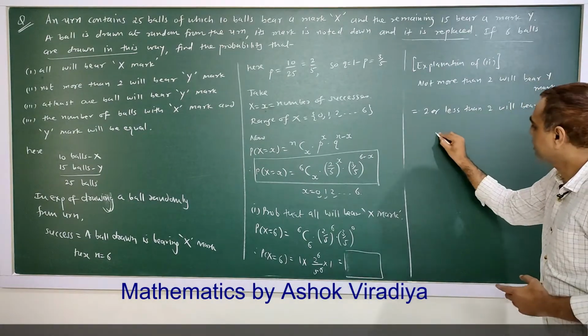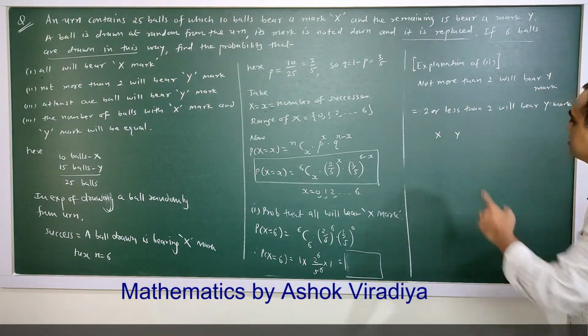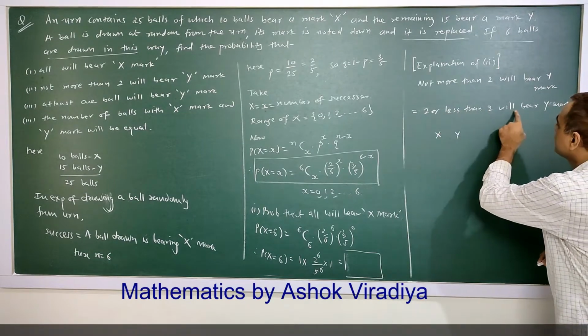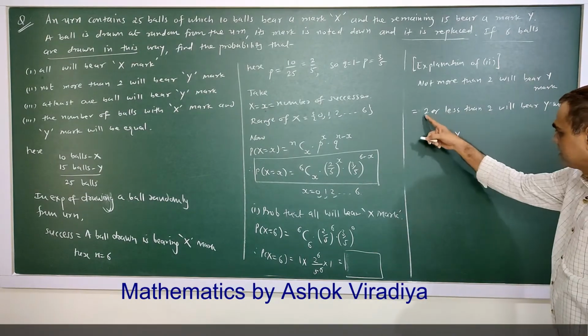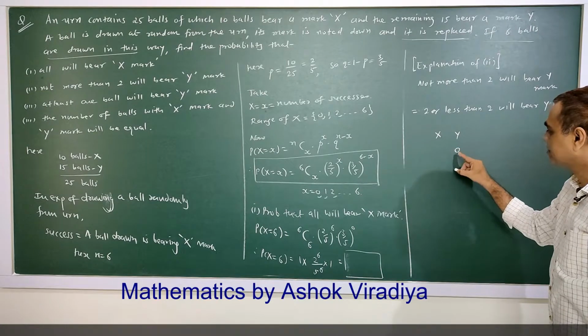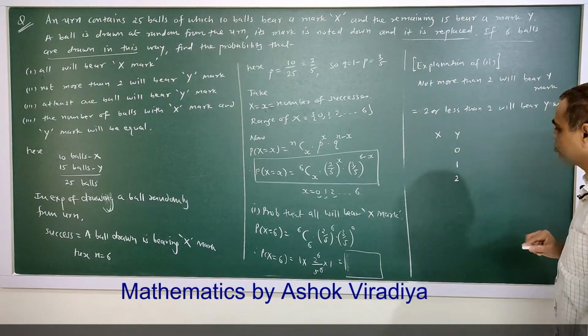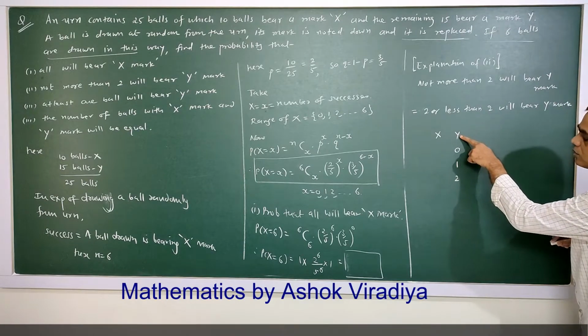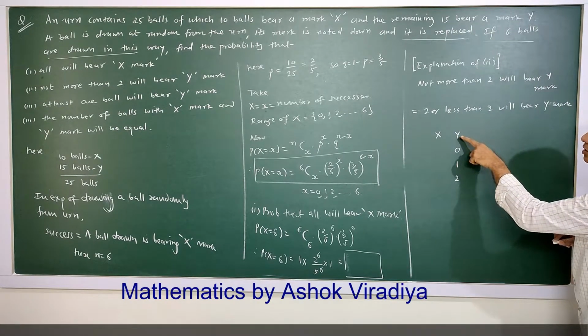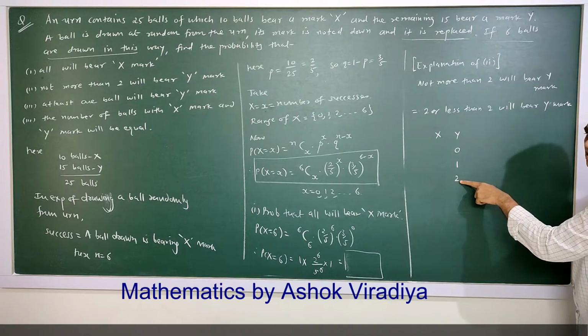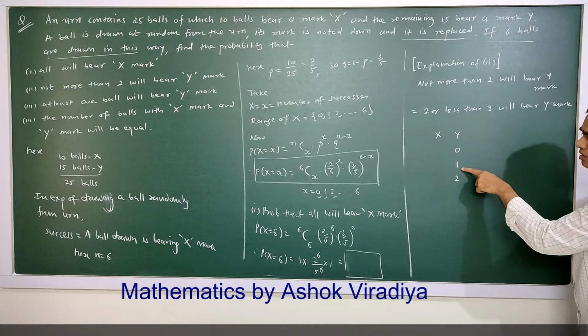Now see here, I put X and Y. 2 or less than 2 will bear Y mark. That means the number of Y marks can be 0, it can be 1, it can be 2. So Y mark in 2 balls, or 1 ball, or 0 balls.